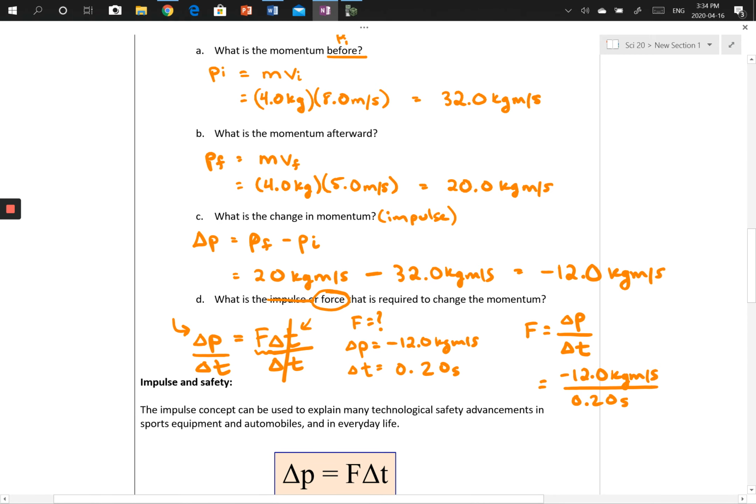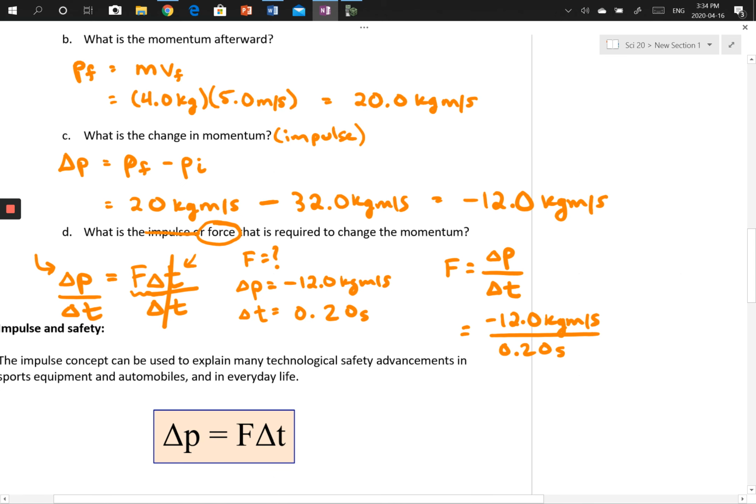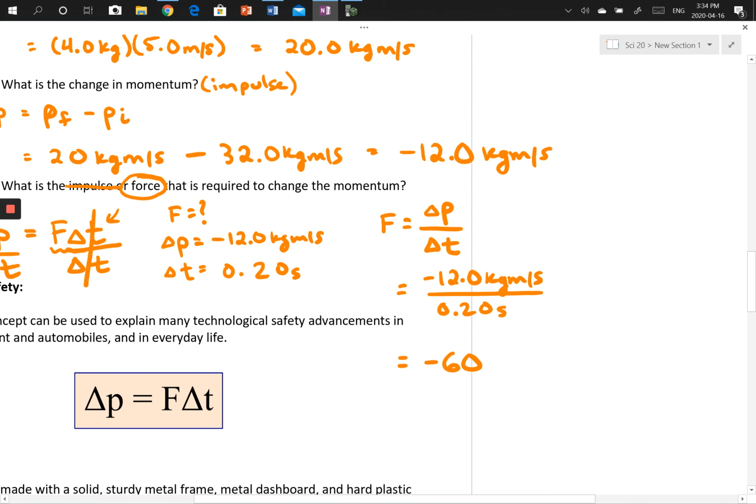So my answer to this problem is negative 60 kilogram meter per second squared. And do we remember another way to say that unit? It is negative 60 newtons.